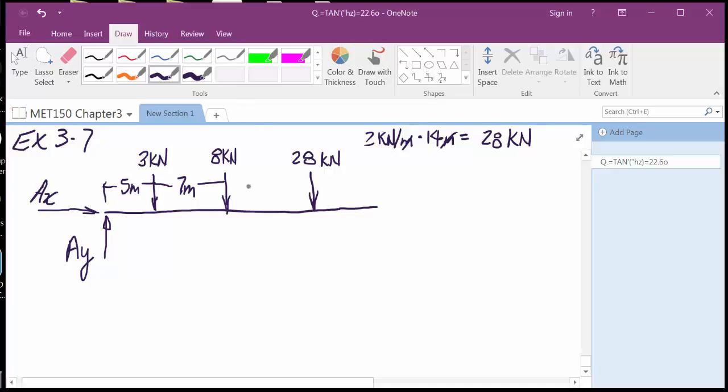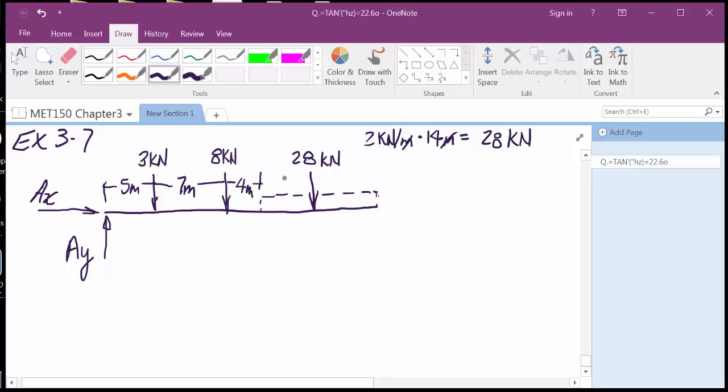Then what it shows you is, if you'll allow me to draw this little deal here, that evenly distributed load from here to there is 4 meters, right? And then there's 14 total.